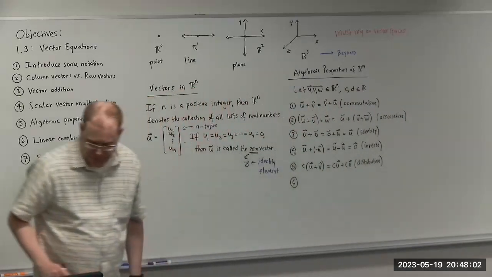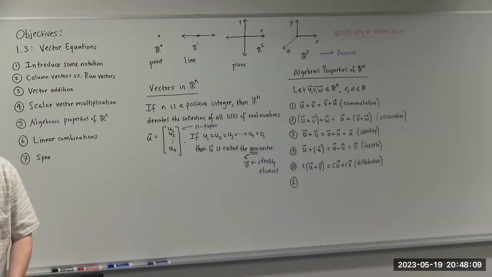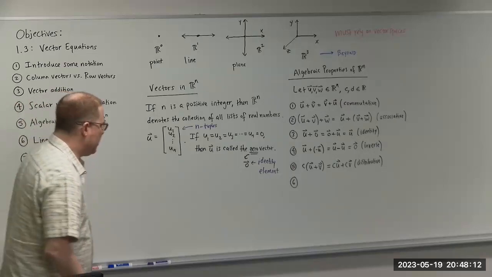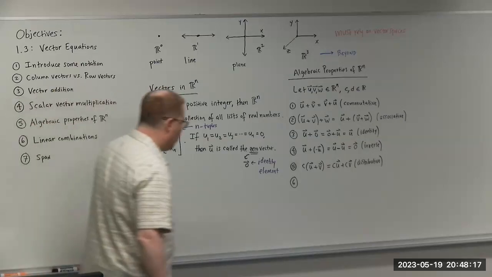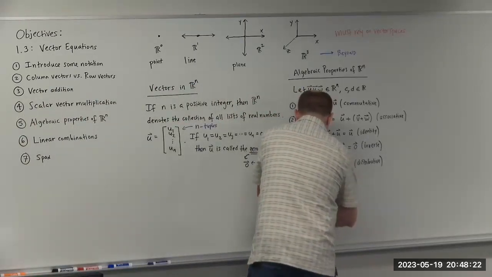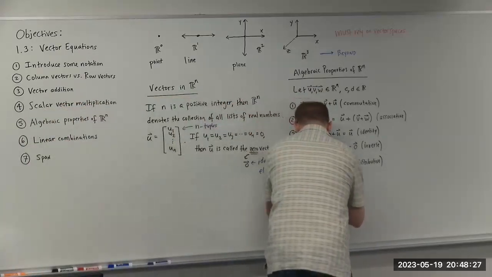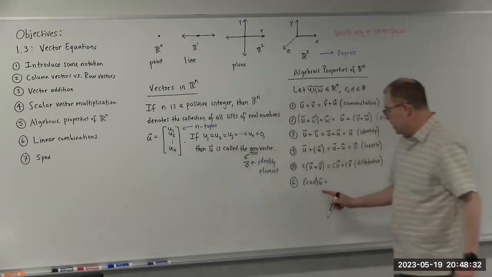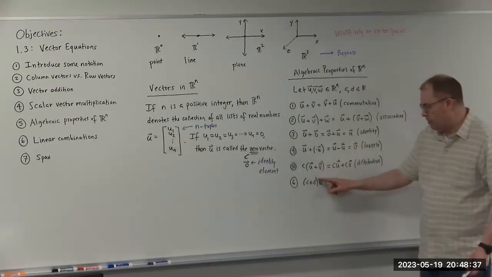Number 6. We can do the same idea here as in 5 with our scalars. If we have c plus d times the vector u, much like what we did here, we can distribute this vector u.